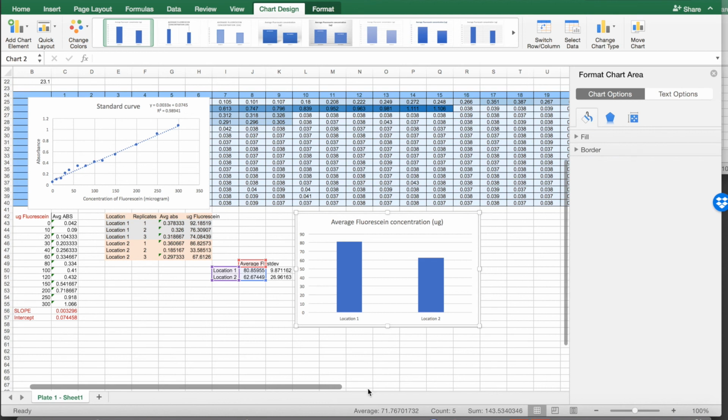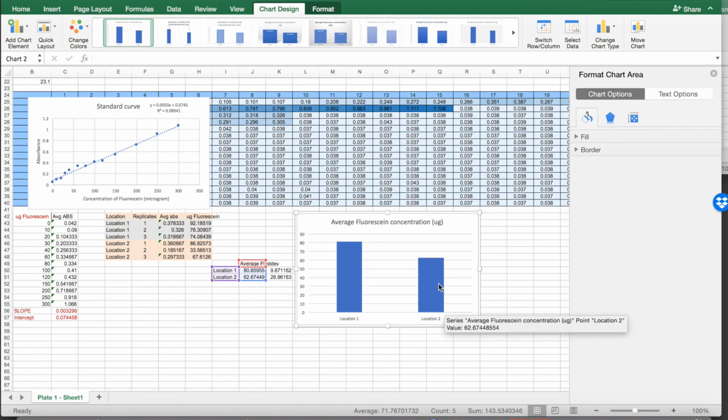Is this true or not? Can we say it's significantly larger, the microbial activity in location 1 versus location 2? I don't know. It looks like at the first look, yes, but because there is a wide range of microbial activity in location 2, it's possible that they are not significantly different.